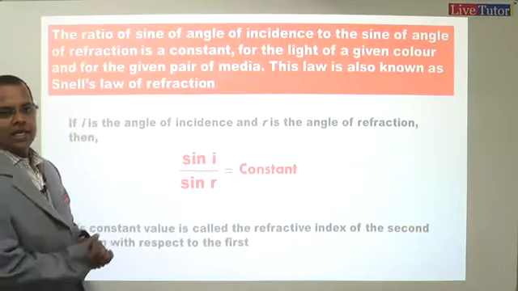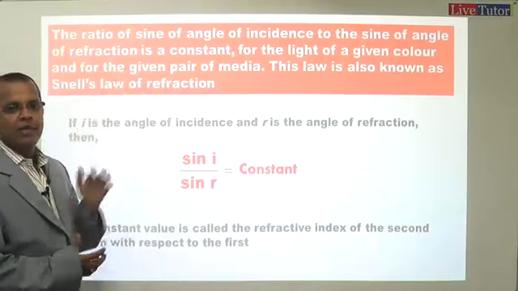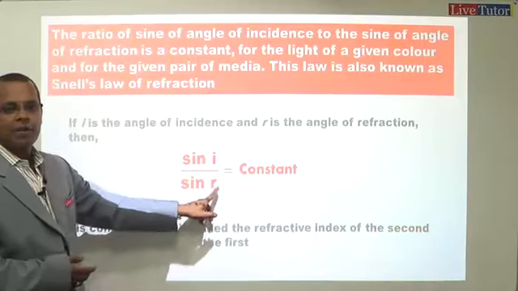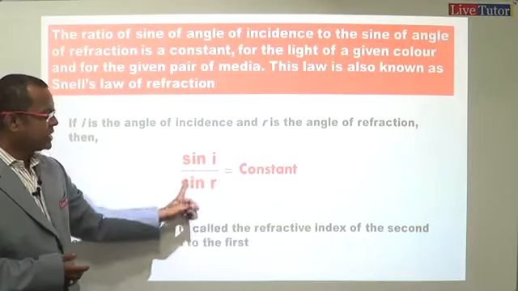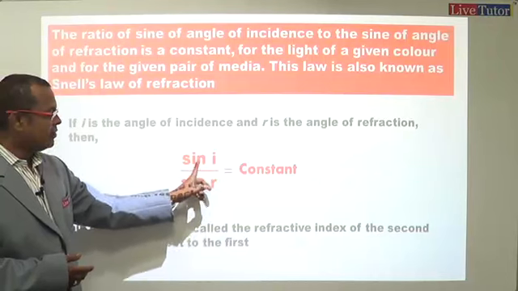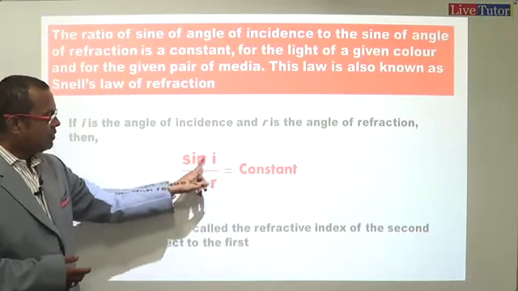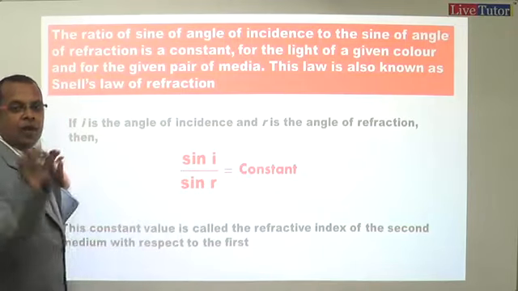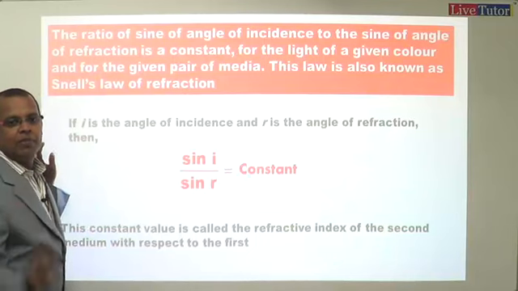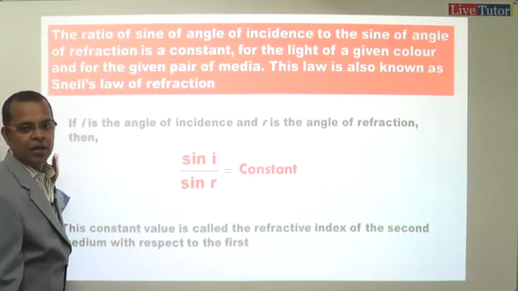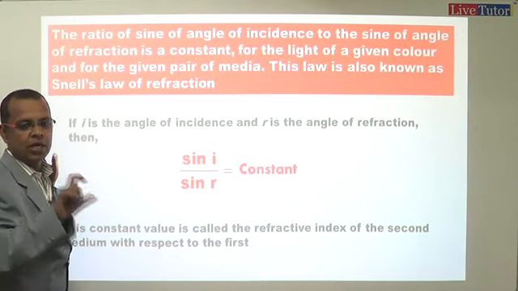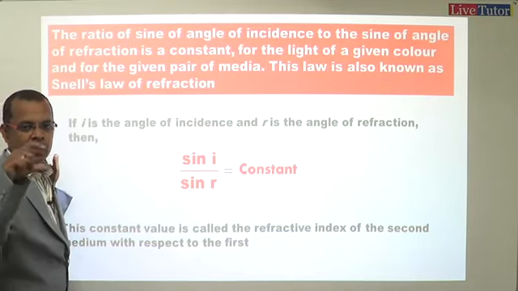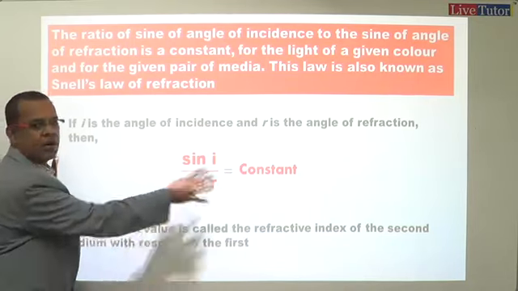The second law says the ratio of the sine of the angle of incidence to the sine of the angle of refraction, sine i by sine r, for a given color or for a given pair of media, whether it is water and air, or glass and air, or glass and water, whatever the pair of media we take, the ratio is a constant.